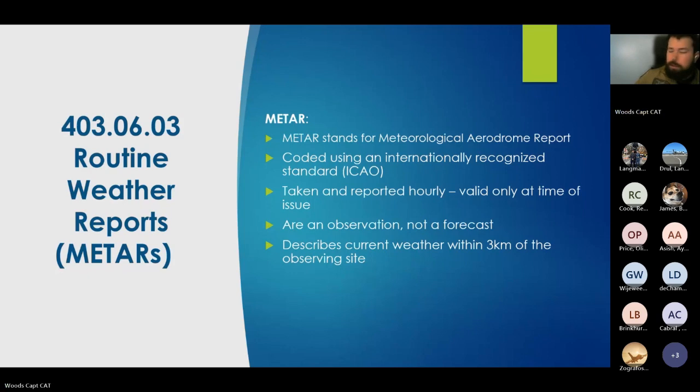So it's someone or a computer, but you could really just think of it as someone at the airport looking around, measuring the temperature, measuring where the clouds were, and saying, yep, this is the weather right now at 8 o'clock at the Toronto airport. This is what the weather is.